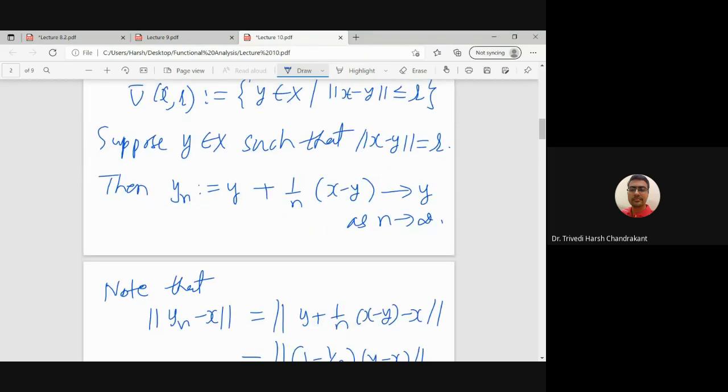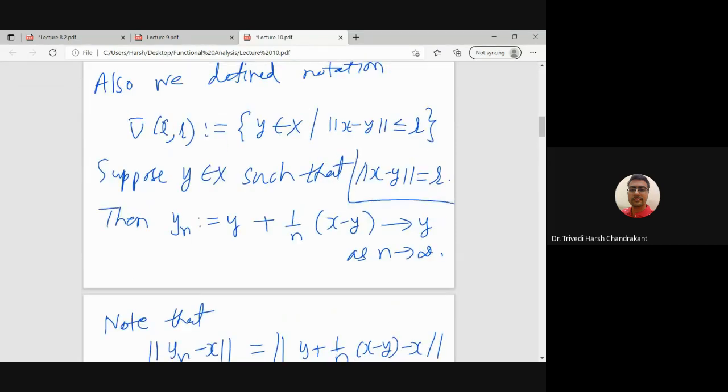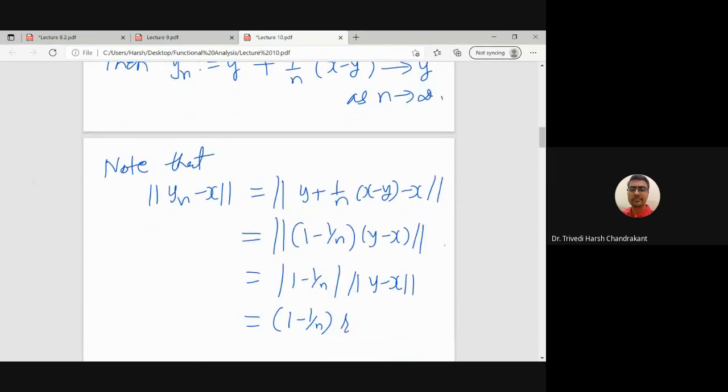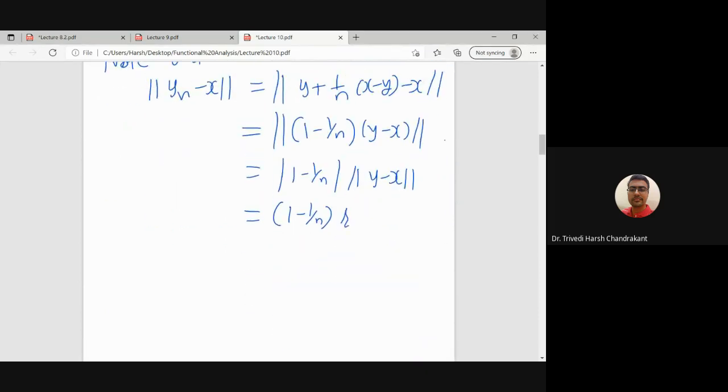That is our assumption. So we got this, and that is strictly less than r. Even if n is 1, this term is 0, and if n is greater than 1, it is less than r. If it is 0, then also it is less than r.